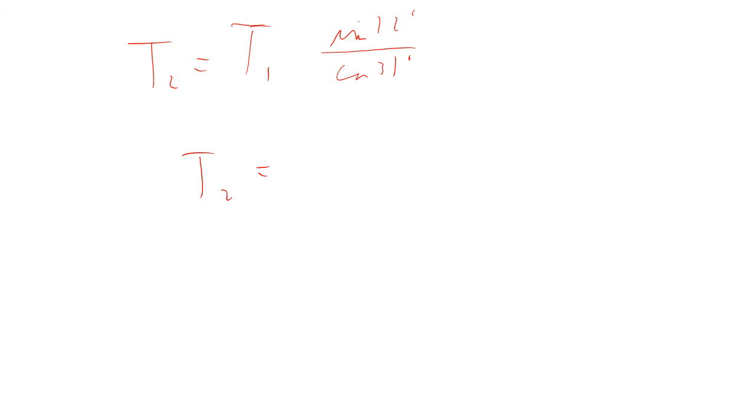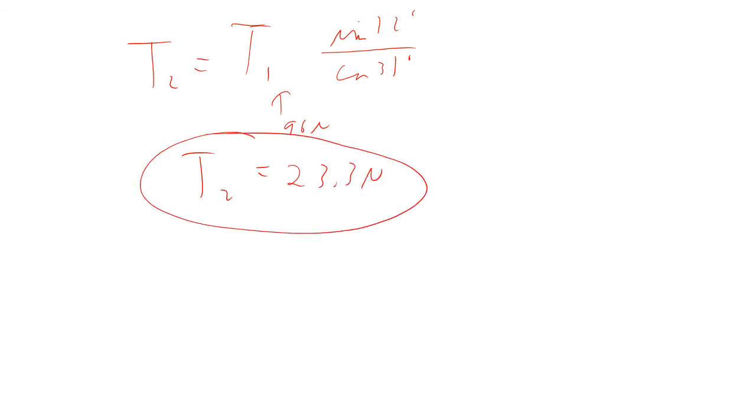So we now know what T1 is. T1 is now 96 newtons. So if I plug in, I get 23.3 newtons for T2. Okay, so there we have several different examples of hanging objects and finding tensions.